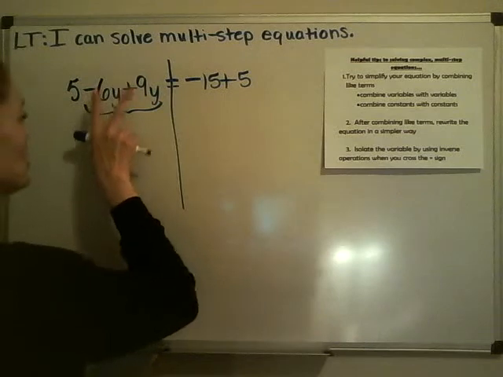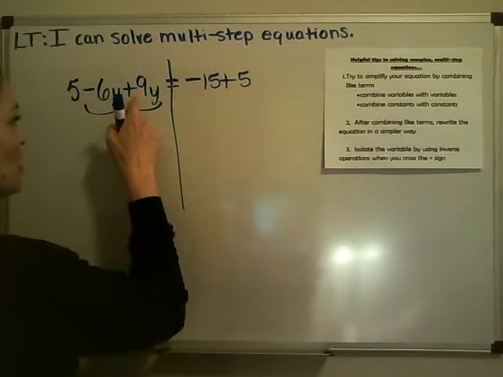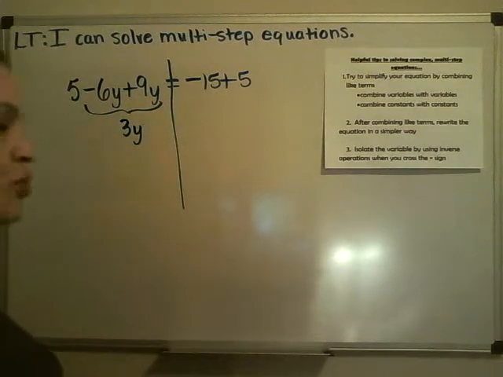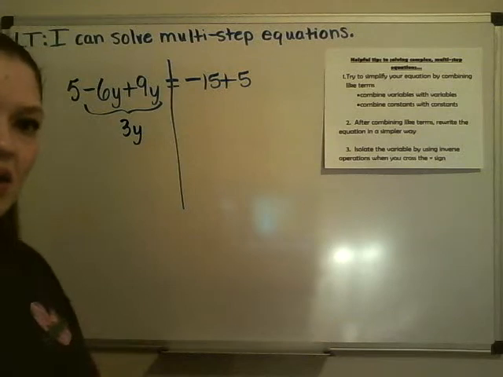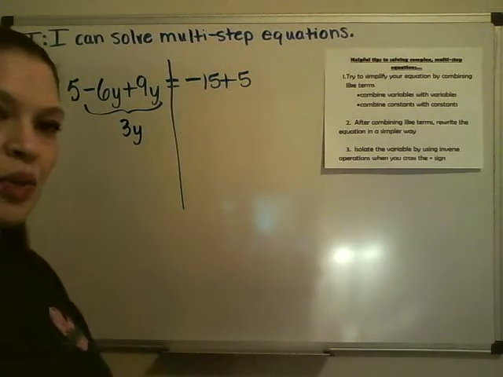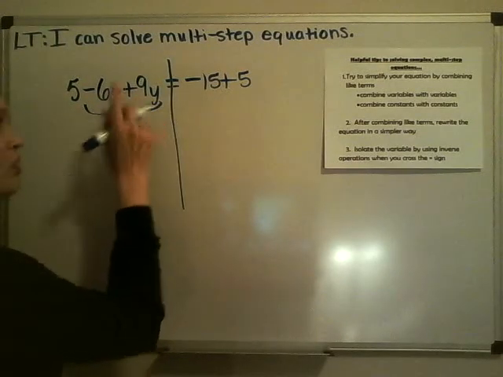So they're different signs. Different signs subtract. Keep the sign of the higher number, then you'll be exact. So that's 3y. And let me ask you this. Is that a positive 3y or a negative 3y? That is a positive 3y.